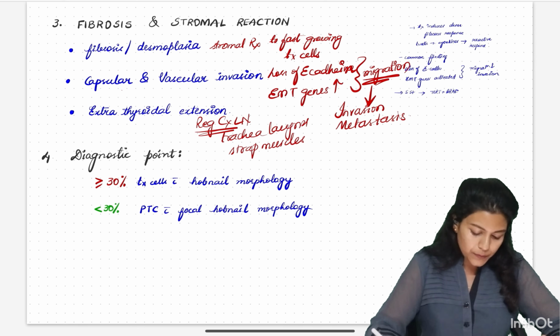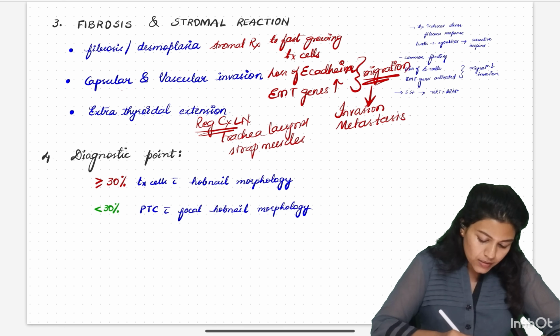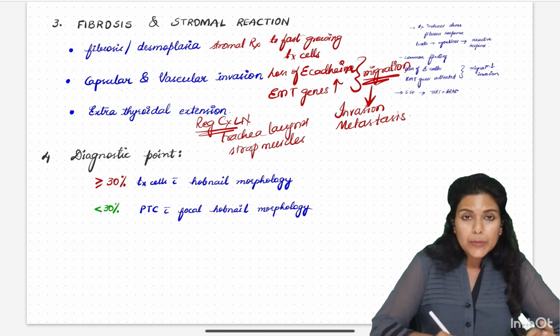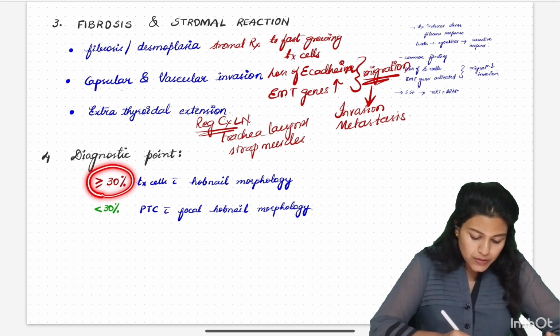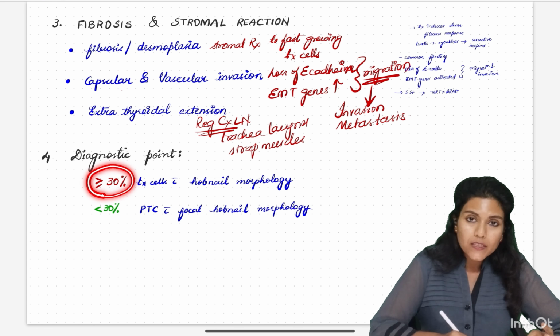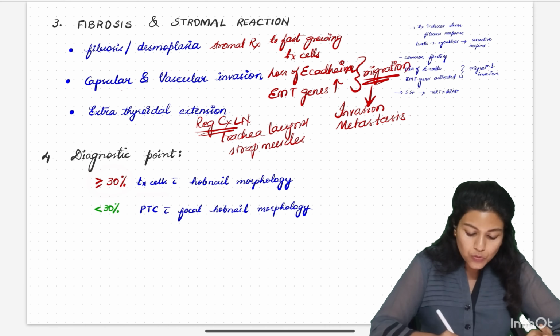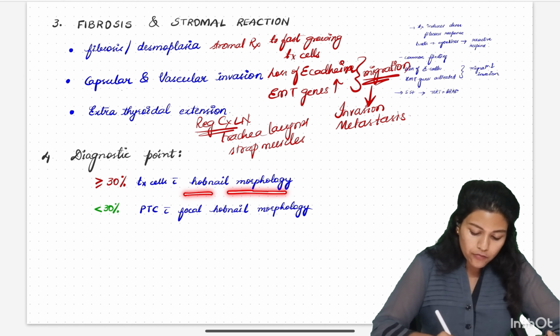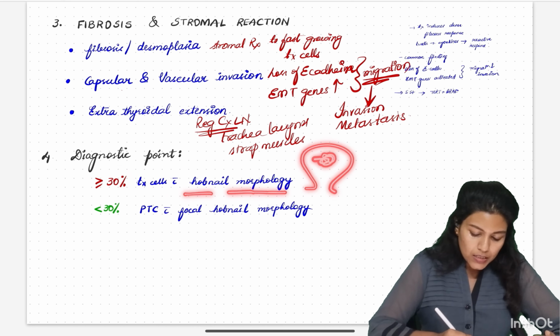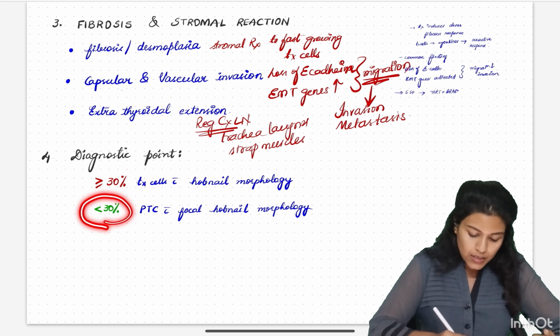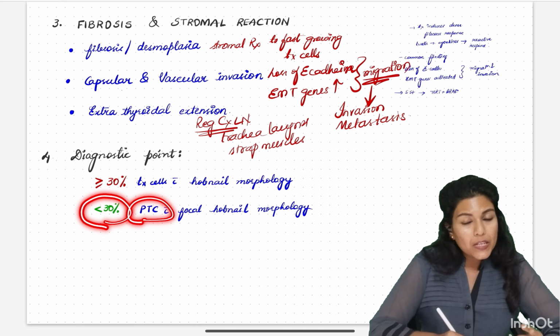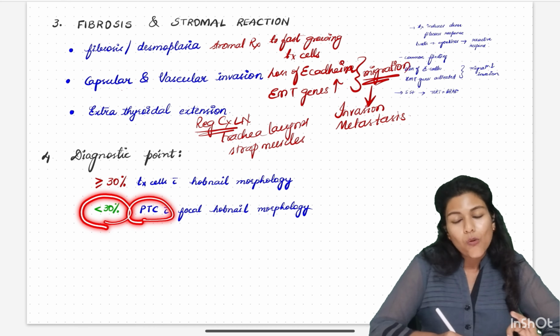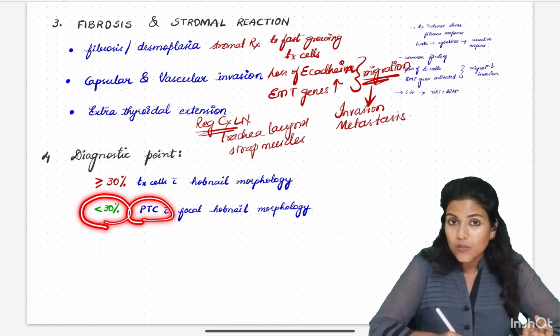So the diagnostic point here is to call it a Hobnail PTC, at least 30% or more than 30% of the tumor cells that you see on the slide must show this Hobnail morphology with apical bulging. If it is less than 30%, then it is said to be a papillary thyroid cancer because it has all the features of classical PTC nuclear features.